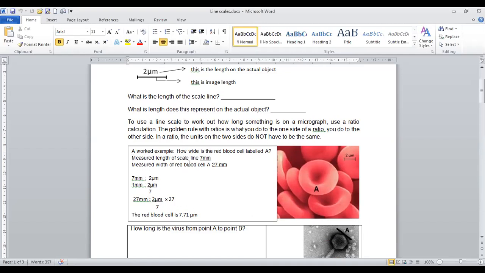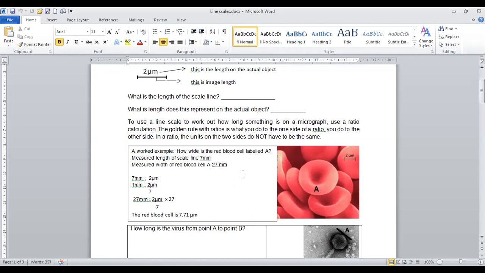Okay, so it says, you must write, measured length of scale line equals, and here when I measure it, after I printed it, 7 millimeters. And the measured width from there to there of the red blood cell A is 27 millimeters.